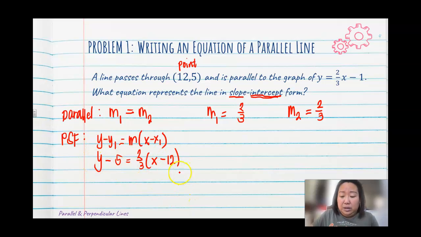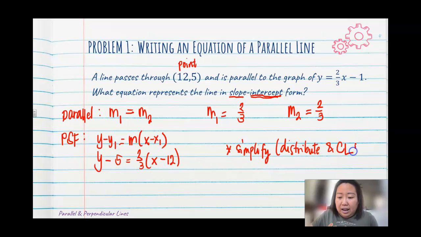So this is in point-slope form. Now, it is required that we write in slope-intercept form. So what do we need to do? We need to simplify, okay? And how do we do that? We do our distributive property and then combine like terms, okay? CLT, okay?